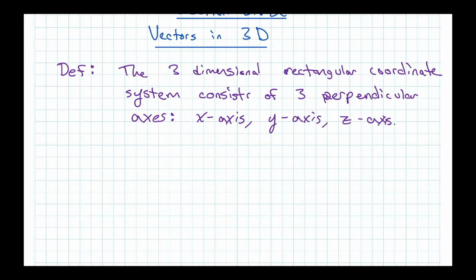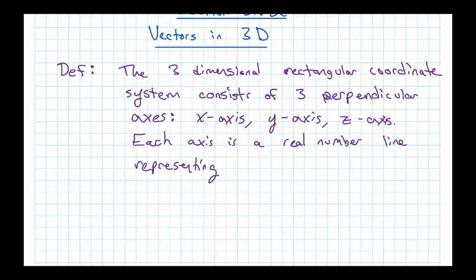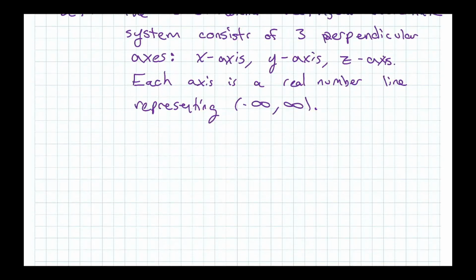Each axis is a real number line going from negative infinity up to positive infinity. This is generally how we do things. It's how we do things in 2D already, and we're just adding a third dimension.